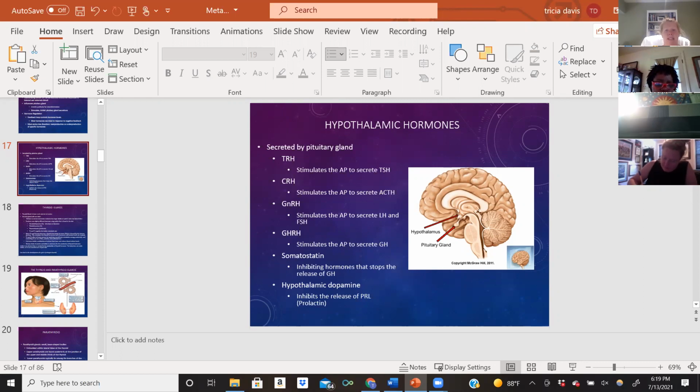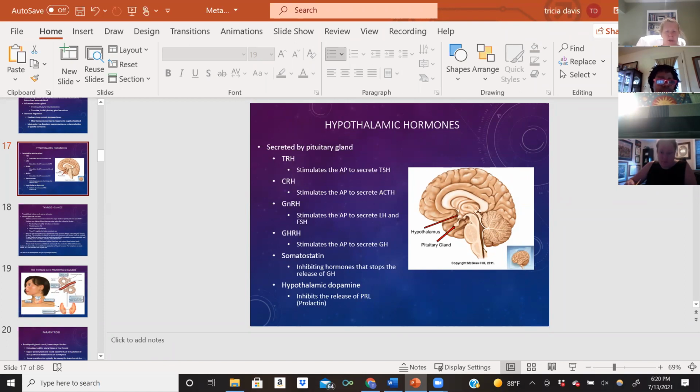CRH, when it is secreted, stimulates the anterior pituitary to secrete ACTH. GnRH stimulates the anterior pituitary to secrete luteinizing hormone and follicle stimulating hormone. And then GHRH stimulates the anterior pituitary to secrete GH, which is growth hormone.